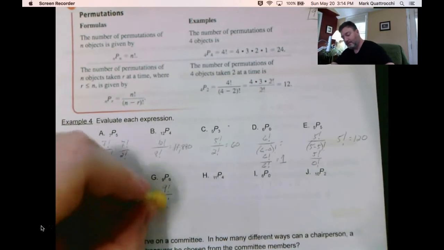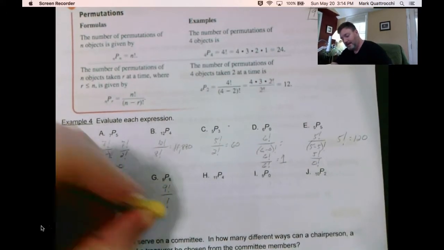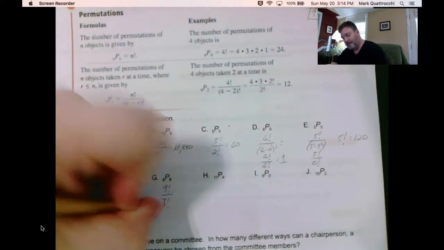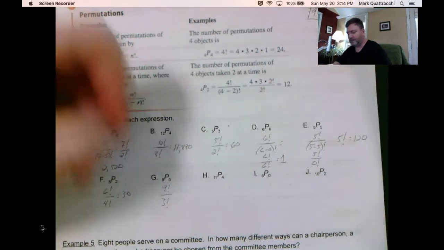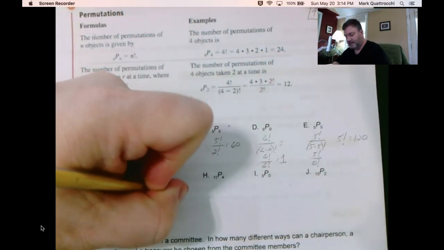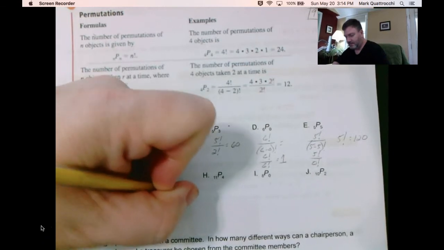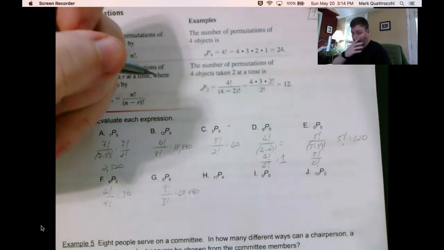Divided by 3 factorial. Sorry. See what happens when you start doing them too quickly? 9 factorial divided by 3 factorial divided by 6 is 60,480. Okay.